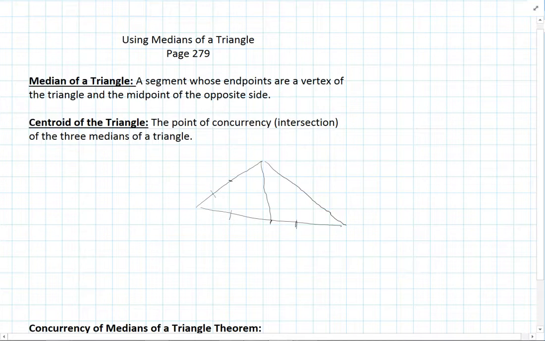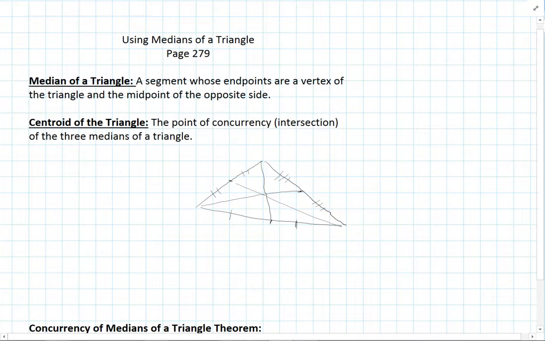And I'm going to take the midpoint over on this other side here, and I'm going to draw a line segment straight over to the opposite angle. And here's a third one. So that means this line segment is congruent to this line segment. And I take a line and I go straight over.